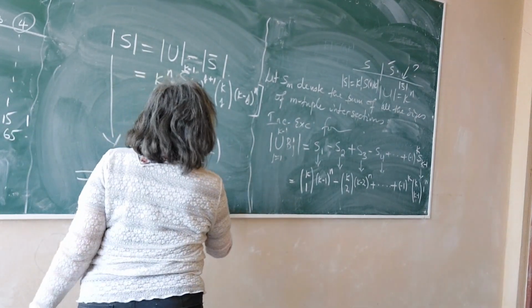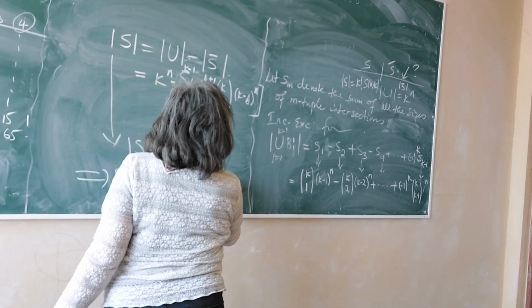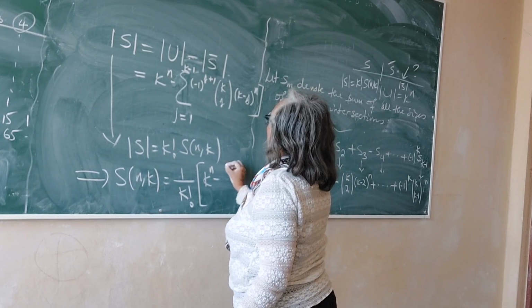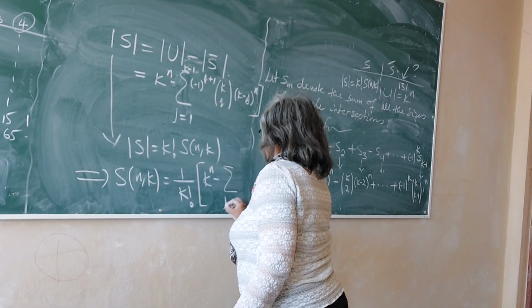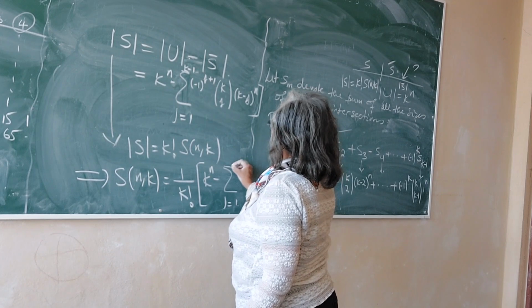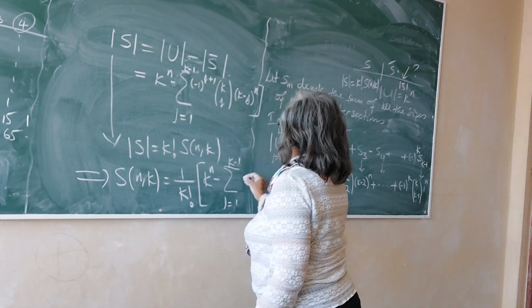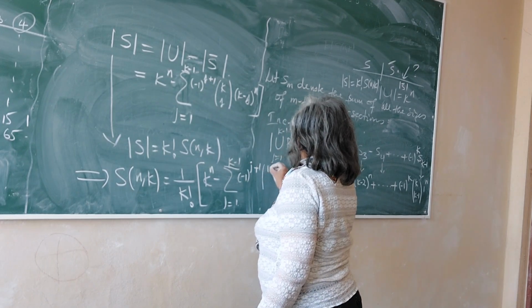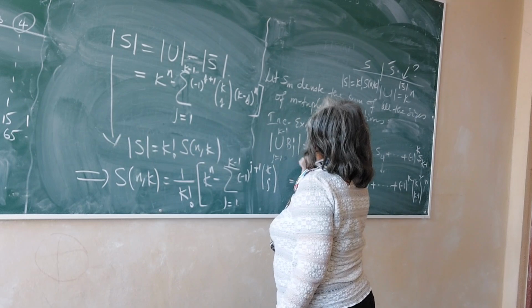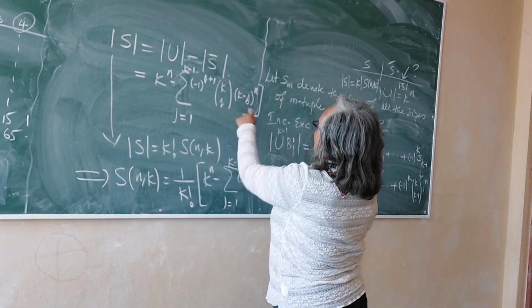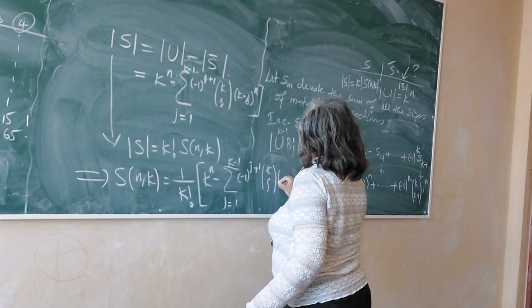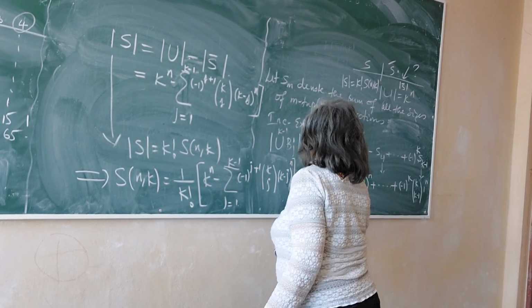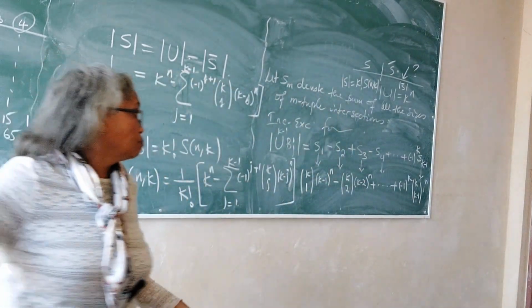So S(n,k) is 1 over k factorial times k to the power of n minus the sum, j from 1 to k minus 1, of minus 1 raised to j plus 1 times k choose j times k minus j to the power of n.